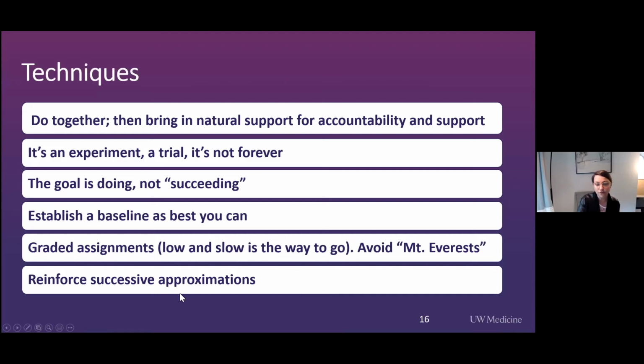And then reinforce that there's so much about behavioral activation that is dependent on good shaping. So we are shaping behavior over time, which means we're not going to see exactly what we were hoping for right off the bat. And so we need to reinforce every little thing that they do that approximates the goals that we're shooting for, and find out what's reinforcing to them.